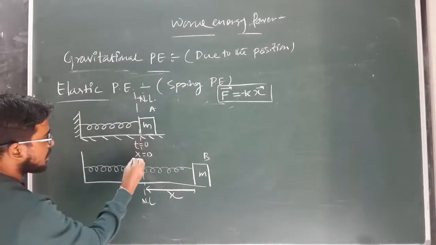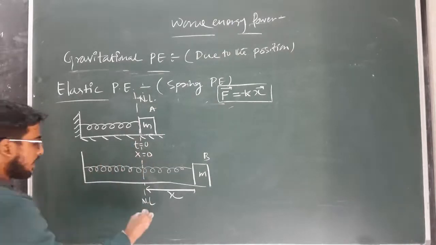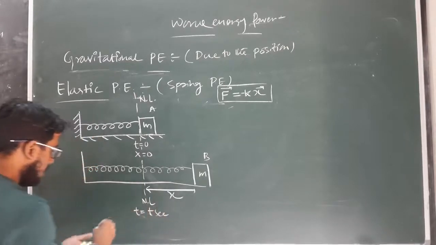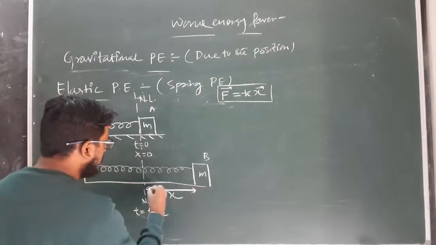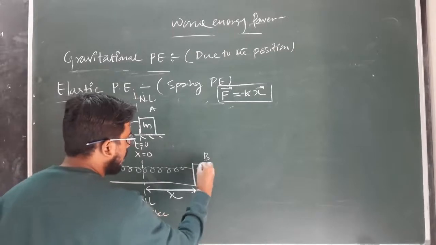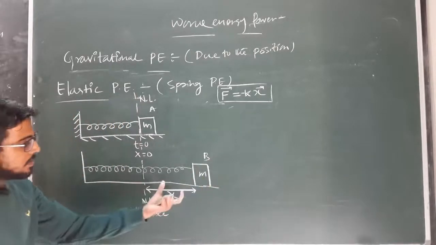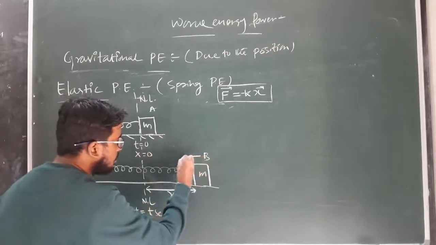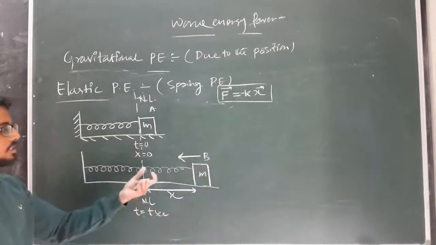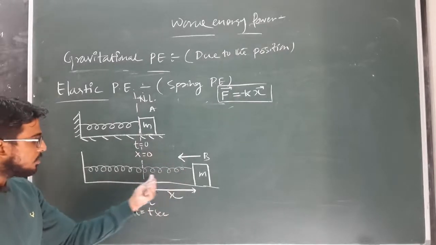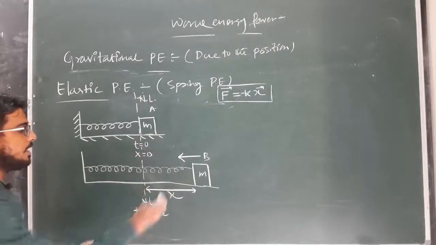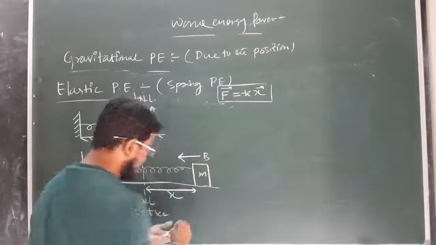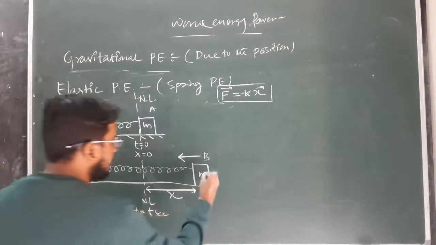Initially at t equal to 0, the displacement from the natural length is 0, but at t equal to t seconds, the block is displaced by an amount x and comes to point B. So at this particular position B, a force due to the extension of the spring acts towards the natural length, which always tries to bring the block back towards its initial position, and here I am applying an external force F.